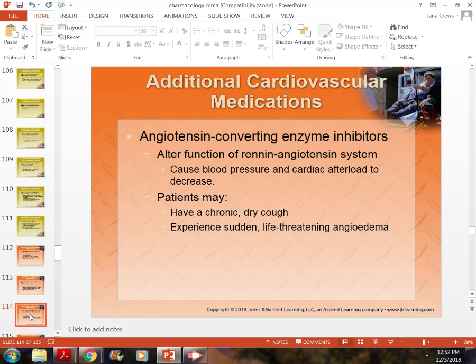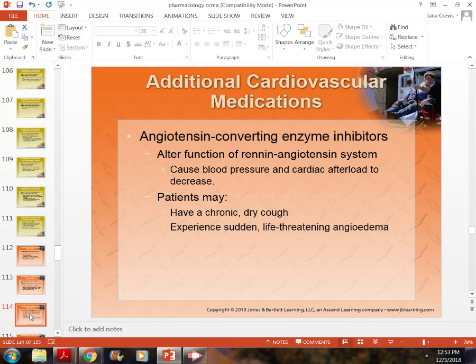So what happens with an agonist? What happens is it helps convert enzymes, and basically it alters the renin-angiotensin converting system that works through the adrenal gland. Therefore, it can cause the blood pressure and cardiac afterload to decrease. So it doesn't push so much blood into the heart that the heart can't handle it, and it decreases blood pressure overall.